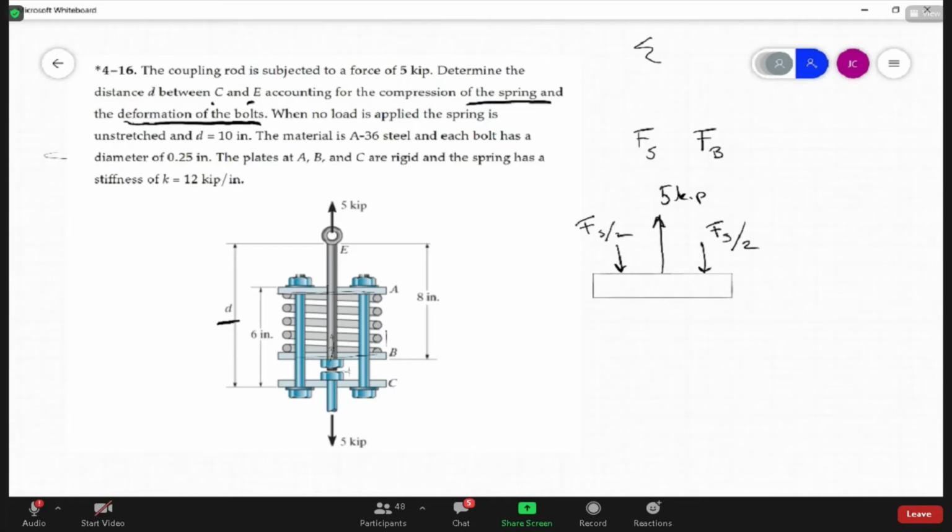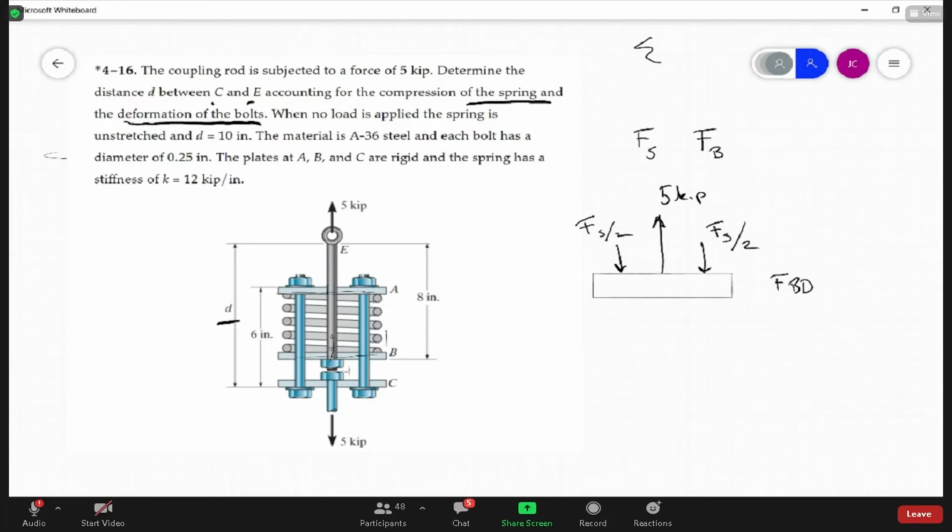And that's the correct free body diagram on that. There's really nothing else acting on that. The bolts don't act on that. Plate B slides along the bolts. So by drawing this free body diagram, you don't have to try to guess where the force is distributed. Here, it's pretty clear that the force in the spring is 5 kips, correct?